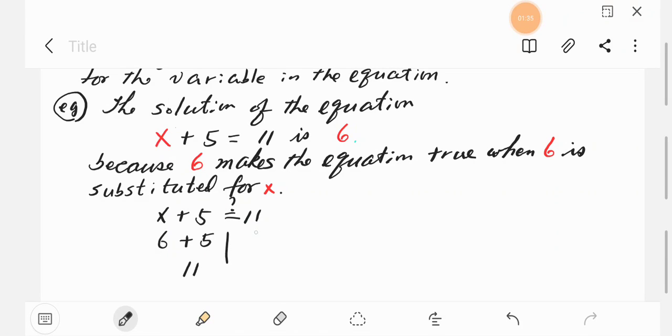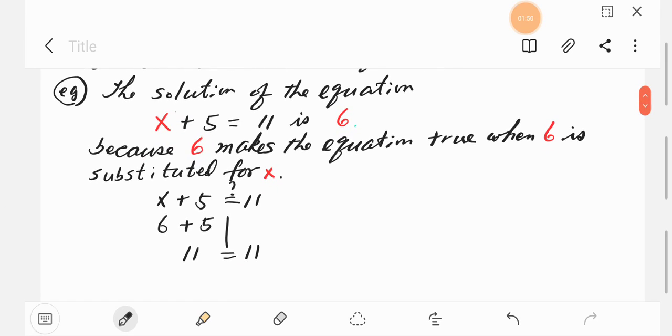The left side is 11 and the right side is 11, and they are equal. So once you plug in the value of the variable x and it makes the equation true, then that value is the solution. We're just checking whether a number is a solution of the equation. We will find out how to find the value of x later on.